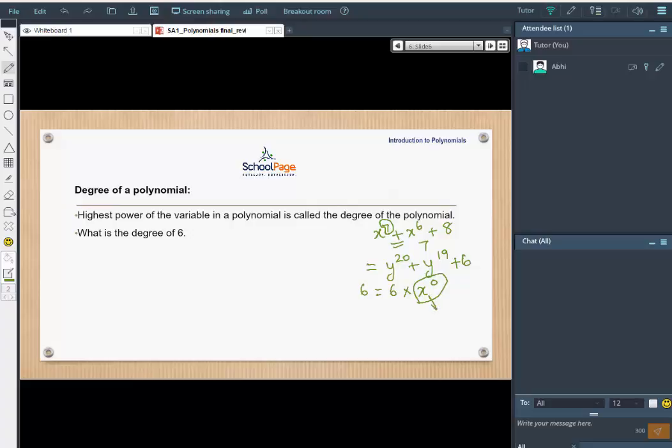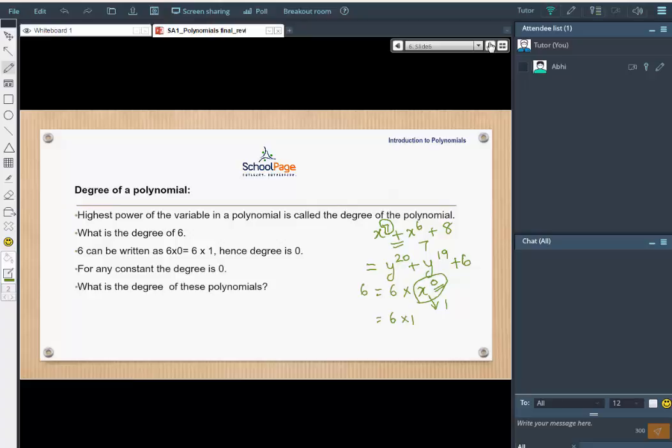So this is nothing but 6 into 1. The degree of 6 is 0, and it's not 1. For any constant, let it be 6, 18, 3, or 4, the degree is always equal to 0.